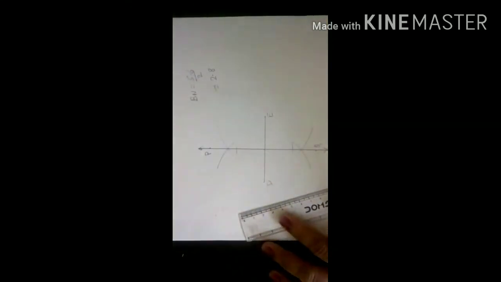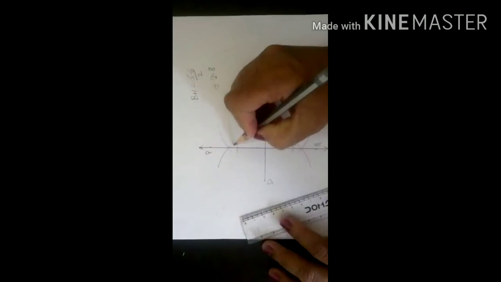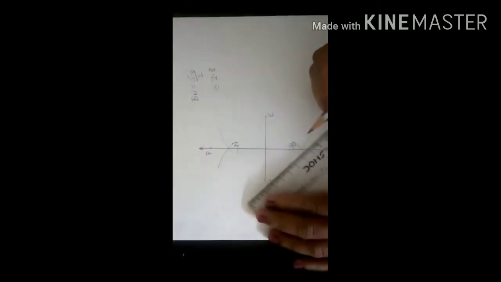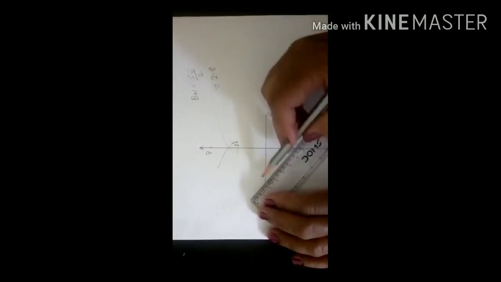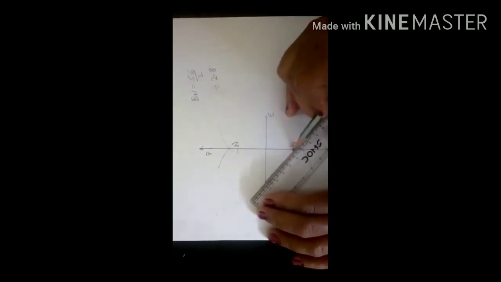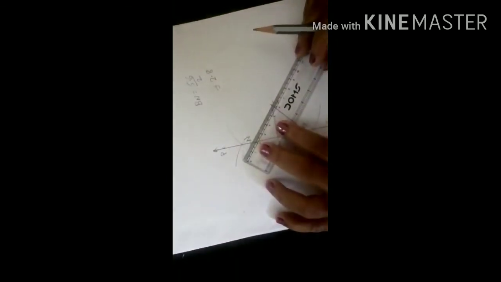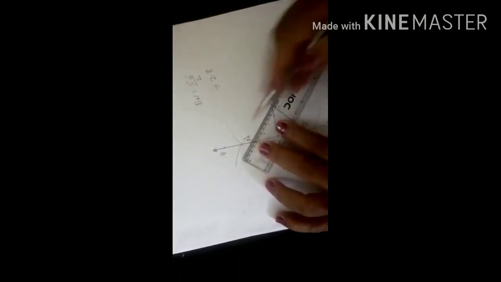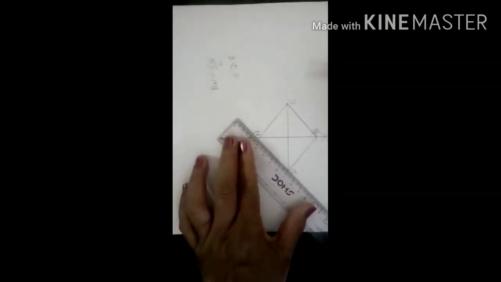So these will be our 2 points, that is B and N. Now we will join them. So join DB, then BE, then NE, and DN.